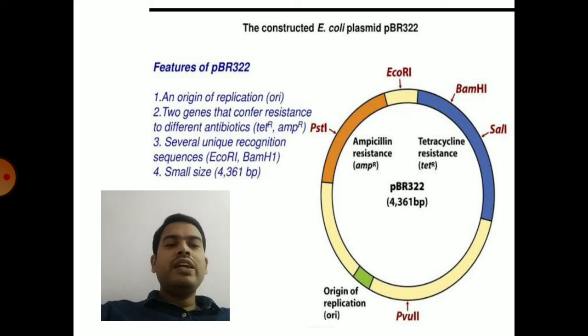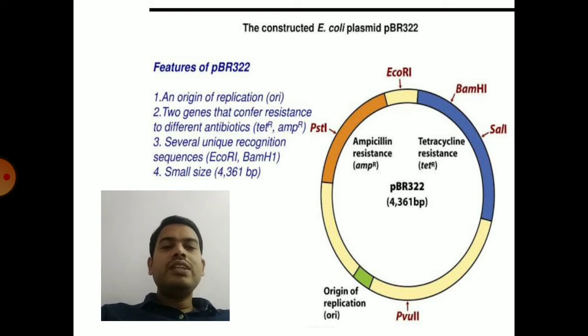So that means if your foreign DNA is inserted in between the tetracycline resistance gene, the gene is disrupted and tetracycline resistance is not shown. So those cells which contain the foreign DNA do not show tetracycline resistance, whereas cells which do not contain the foreign DNA show tetracycline resistance, because your foreign DNA is inserted in between the tetracycline resistance gene. And how can you differentiate the transformed and non-transformed cells?